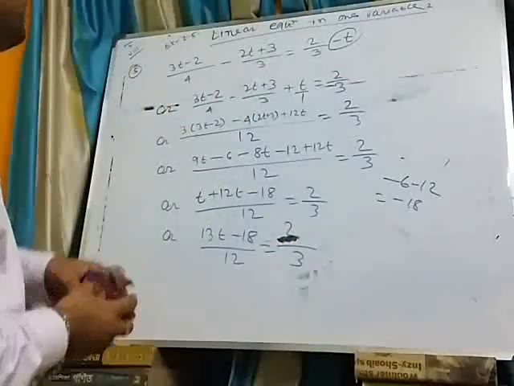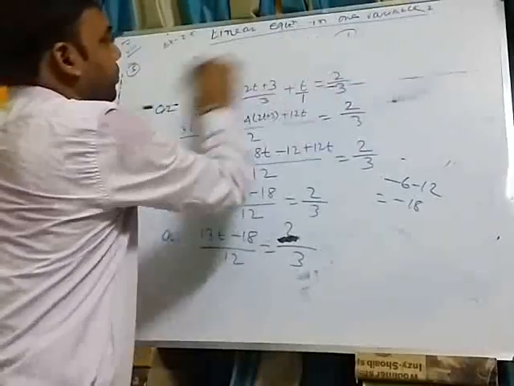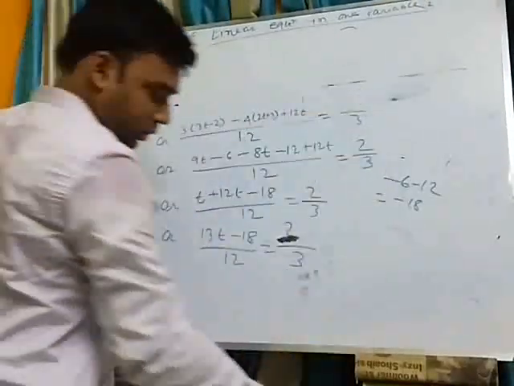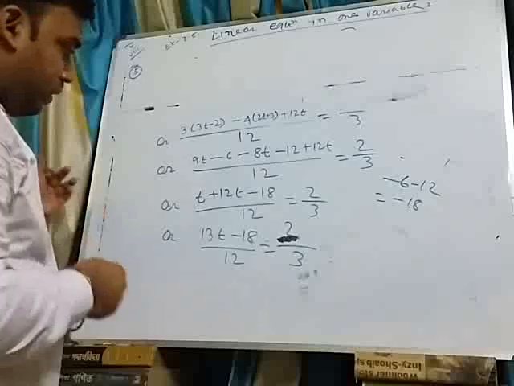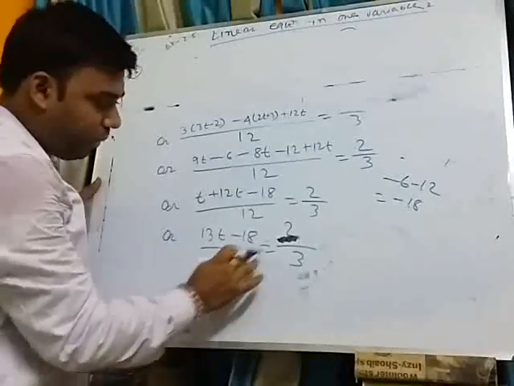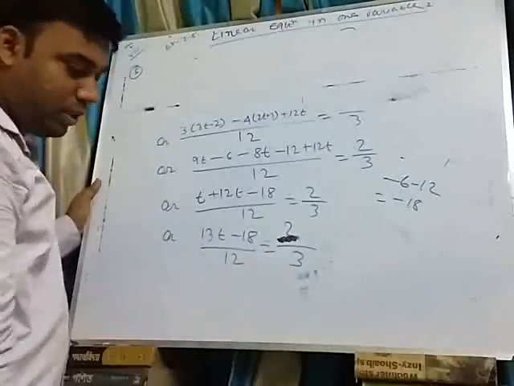Now students, I am reasoning that for this 13t minus 18 by 12 equal to 2 by 3, we should use cross multiplication. We have learned this some time ago.